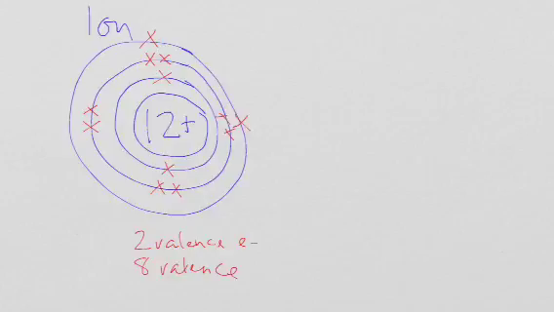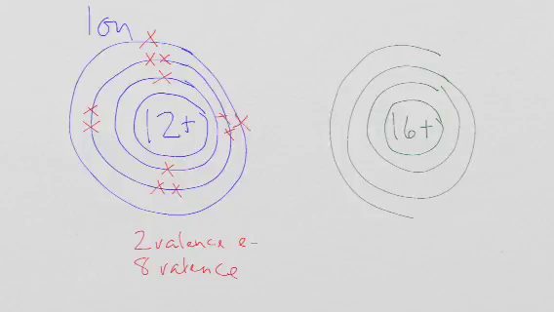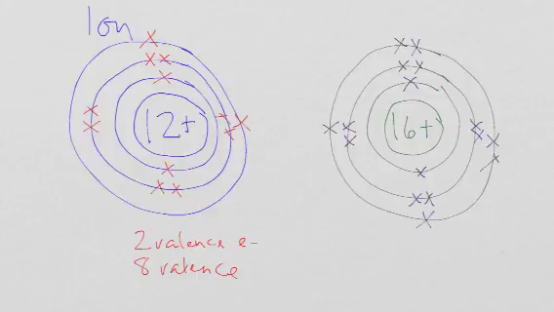Now, if I look at sulfur, sulfur is number 16. So 1, 2, 3, because it's still in the same period. And we'll change color here. We'll go with purple. 1, 2, 3, 4, 5, 6, 8, 9, 10, 11, 12, 13, 14, 15, 16.